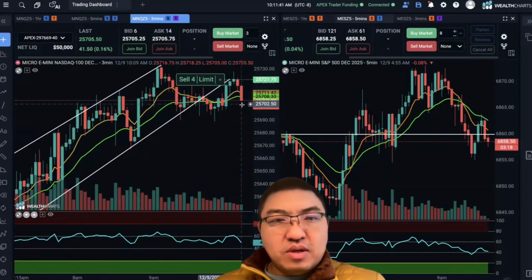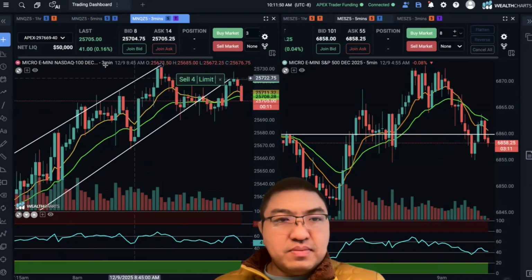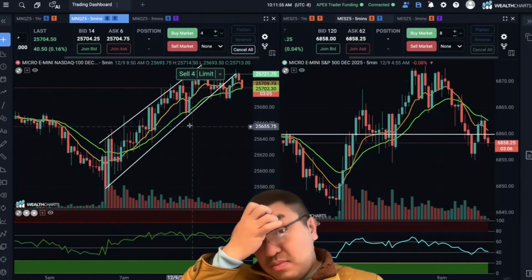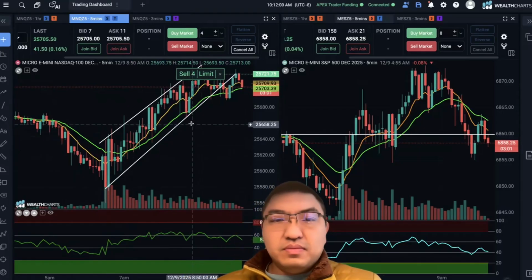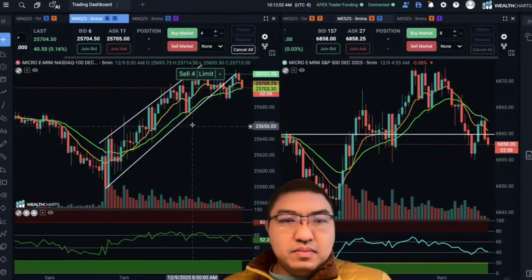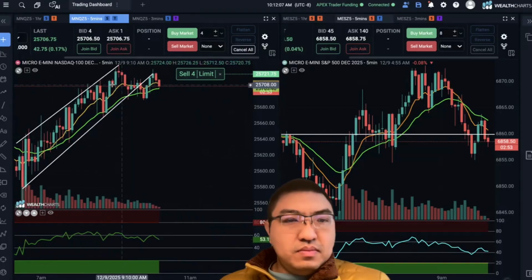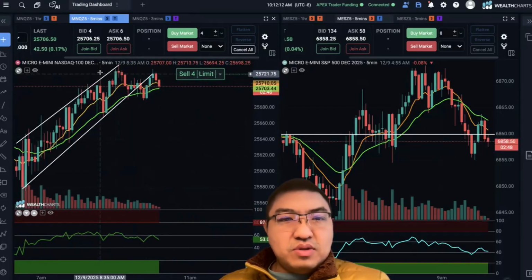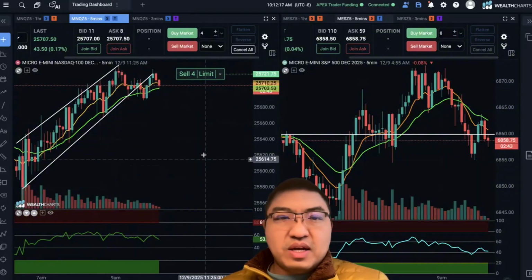Oh, it reaches here, so we'll see the reaction here. This is the double top. I think it's going to retest somewhere here, a triple top before it really flushes to the downside.